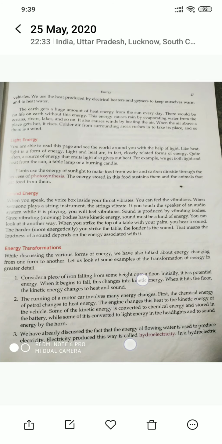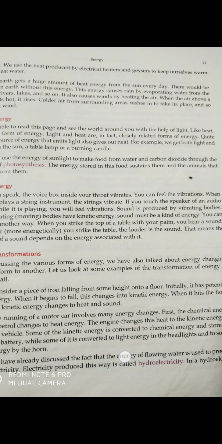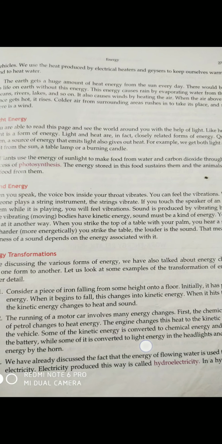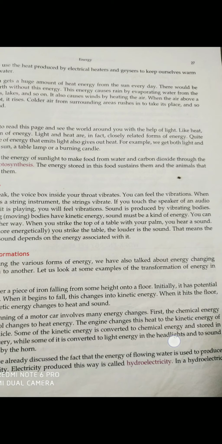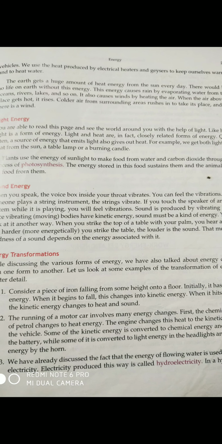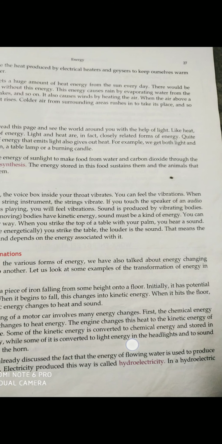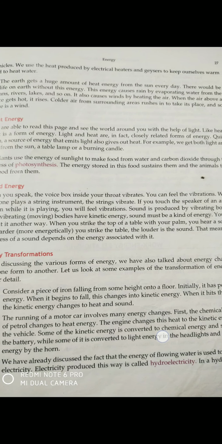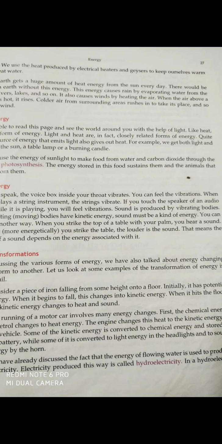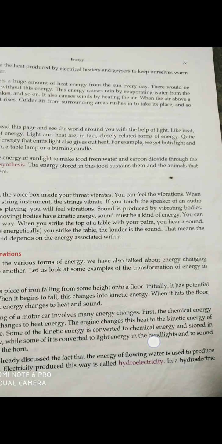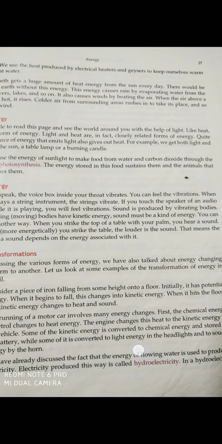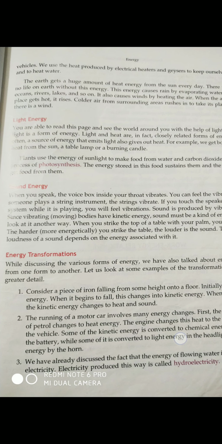Then the next one is running of a motor car. So see, when you are driving a car, what is happening? The most important thing is we need the petrol. The chemical energy in the petrol is converted into heat energy. Now this heat energy is converted into kinetic energy with the help of the engine, right?